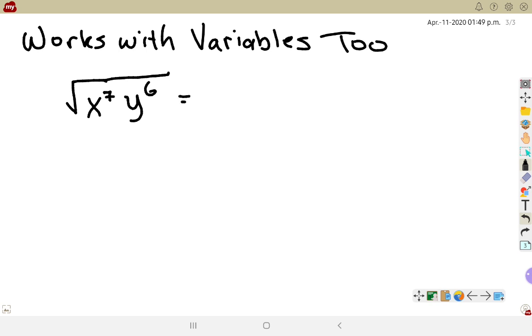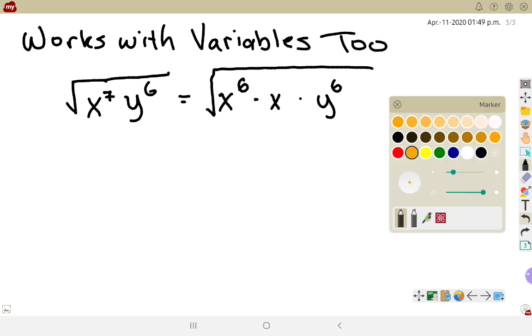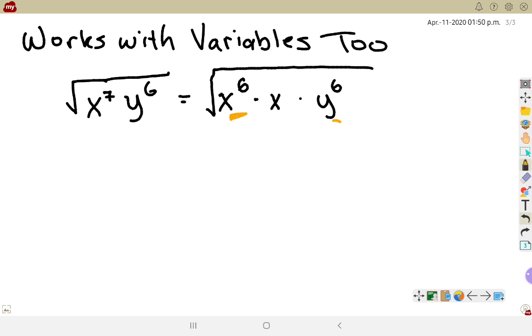Okay, so let's say I was to split this, and I would take out x with an exponent of 6 times x. That's another way of writing x exponent 7. Okay, and then the y exponent 6 I can just leave there. Now this is helpful because both x exponent 6 and y exponent 6 are perfect squares, and they're perfect squares because their exponents are even.